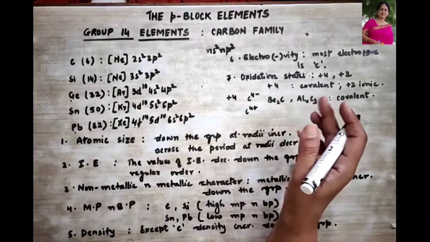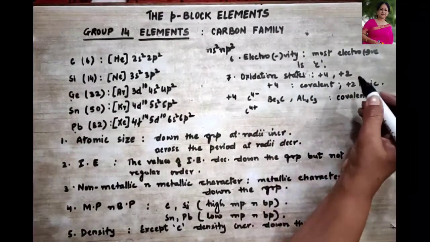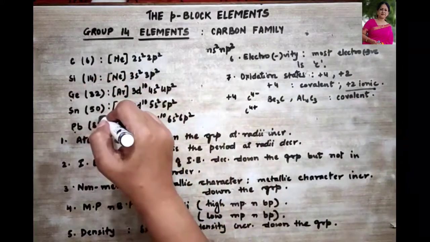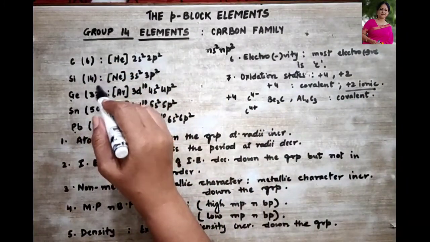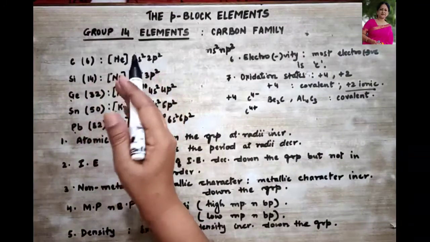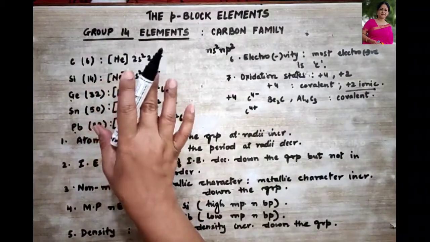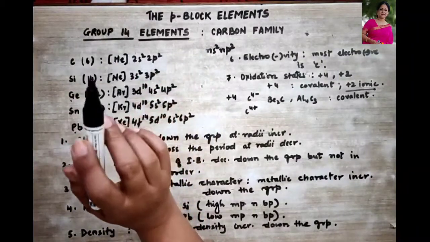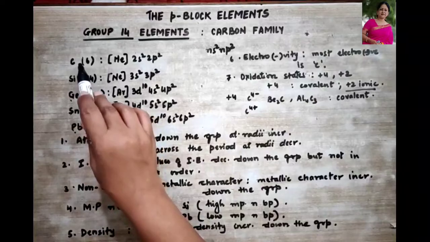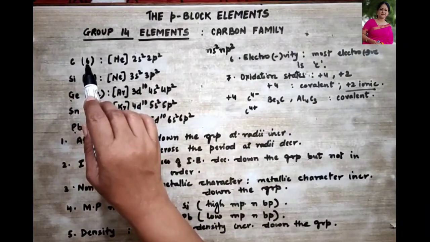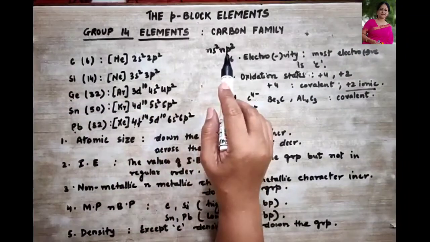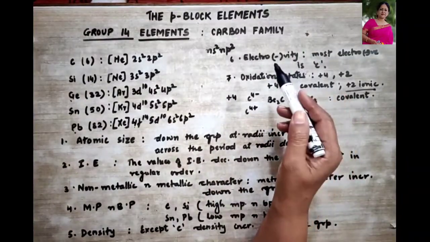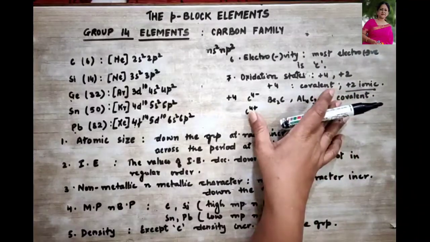Now compounds in +2 state, what did I tell you? Ionic in nature, right? So down the group, the tendency to exhibit +4 state decreases. Why? Due to inert pair effect, right? +4 state is more important in carbon and silicon. So carbon and silicon generally show +4 oxidation state. Germanium, tin and lead exhibit +2 and +4 oxidation states, right?